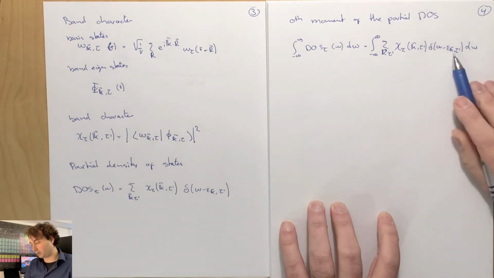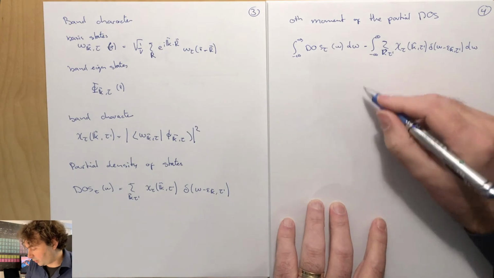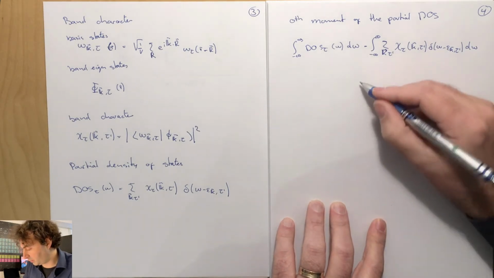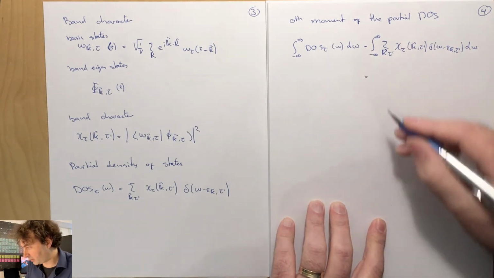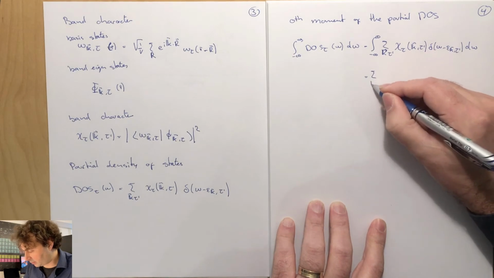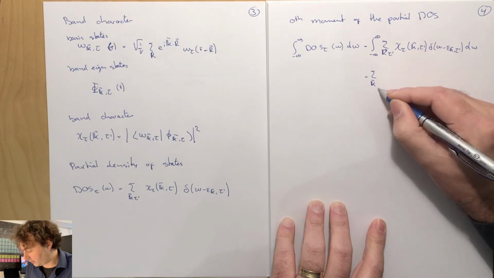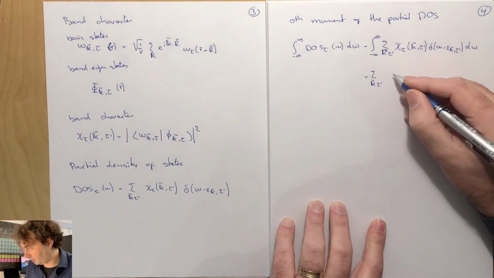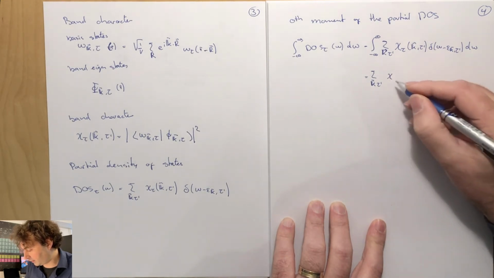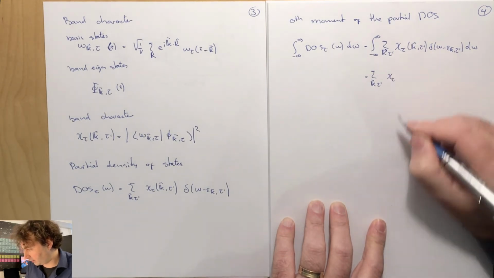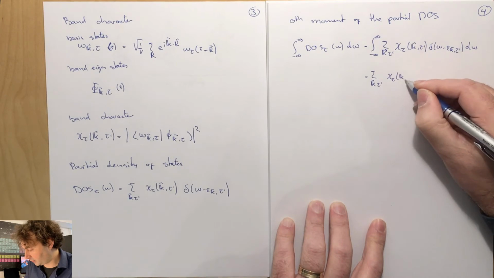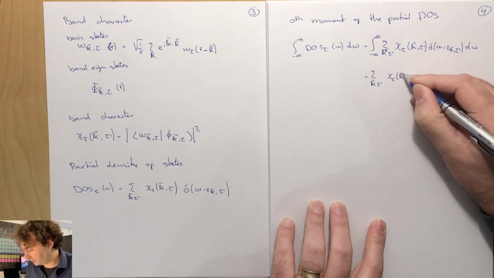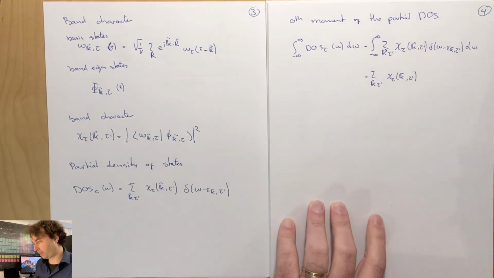Well, the integral over a delta function is just 1. There's no energy dependence in the previous part. So what is left is a sum over all crystal momenta, the band index, the character we project to, of the band character of that state.